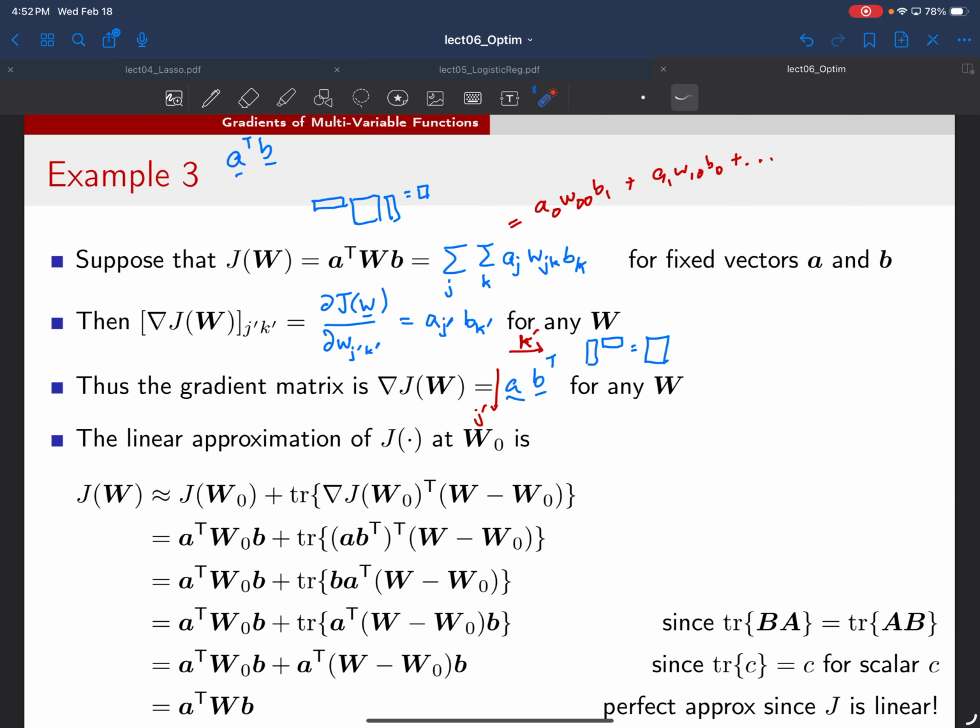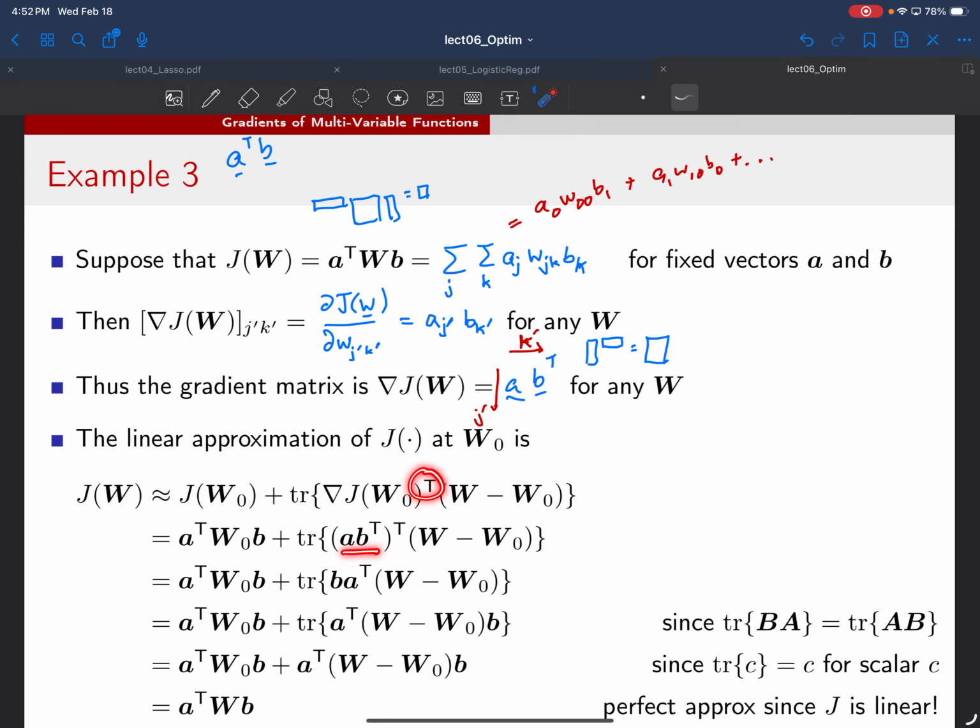So now we know how to build our first order linear approximation. We approximate the full JW as JW at the reference plus the trace of the gradient transpose times the deviation. The gradient we just derived is AB transpose.